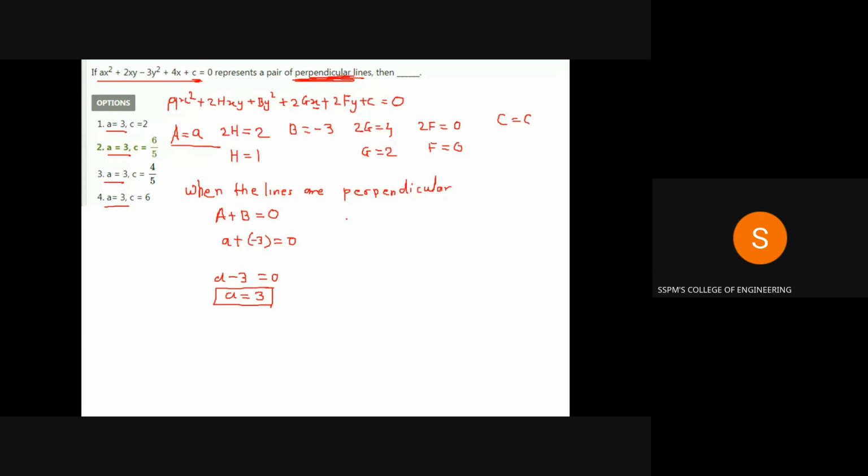So also what is given, I will write on the right hand side of the screen. What is given?